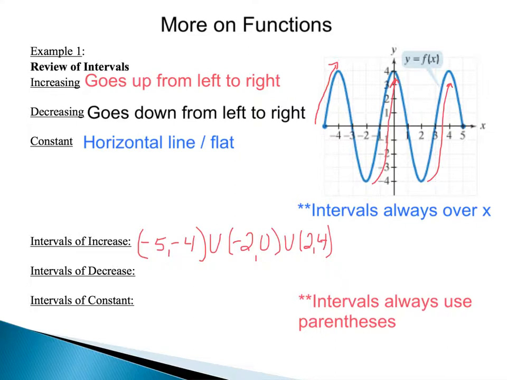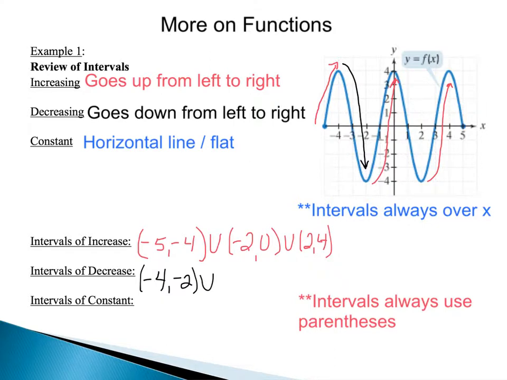So same idea, we now want to look at our intervals of decreasing. Continuing to look only at our x's, and we always want to use parentheses. We can see that our function is decreasing from x equals -4 to x equals -2. So using parentheses, -4, -2.